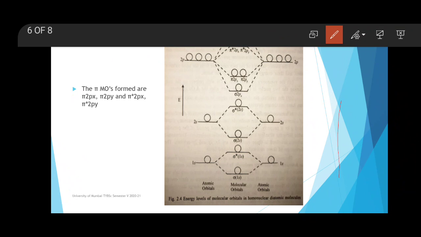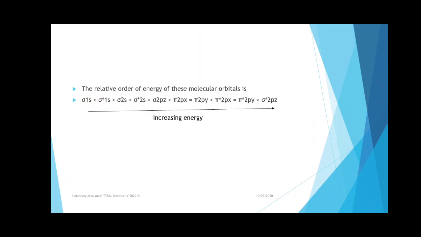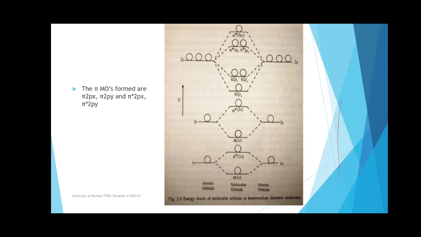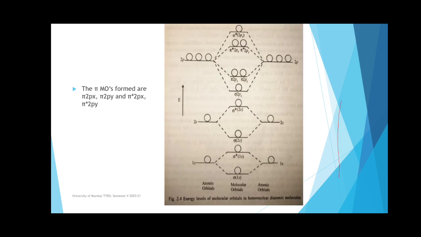So the three 2p orbitals of the first atom combine with the three atomic orbitals of the second atom. So total how many orbitals combine? So 6 orbitals combine, right? Out of 6 orbitals, 6 molecular orbitals are formed.